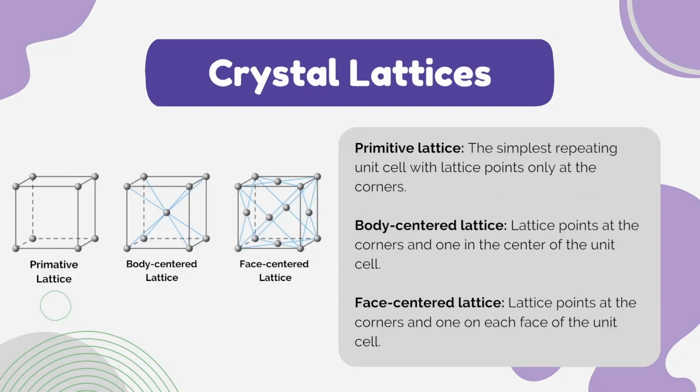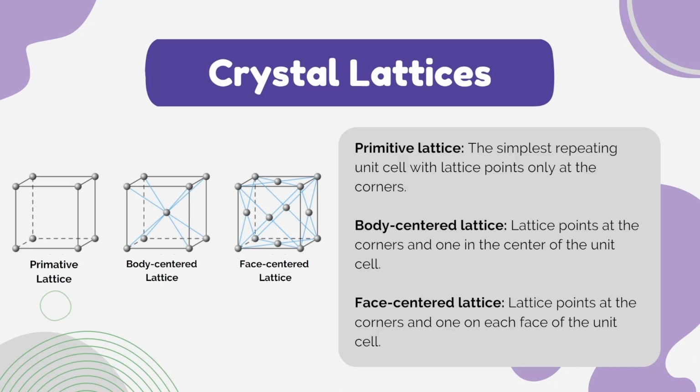Crystal lattices. There are 3 crystal lattices. Number 1, primitive lattice. It's the simplest repeating unit cell with lattice points only at the corners. As we can see in the picture, the primitive lattice has lattice points only at the corners.